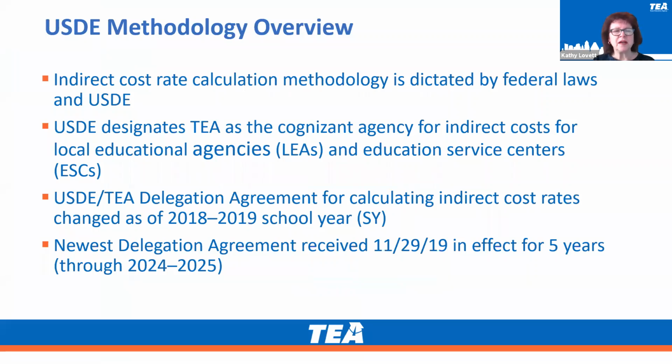So we'll talk a little bit about the USDE methodology. The indirect cost rate calculation methodology is dictated by federal laws and the USDE. The USDE designates TEA as the cognizant agency for indirect costs and authorizes TEA to issue indirect costs to independent school districts, open enrollment charter schools, education service centers, and also other governmental agencies that are educational in nature.